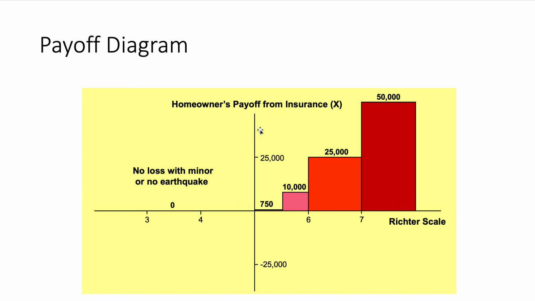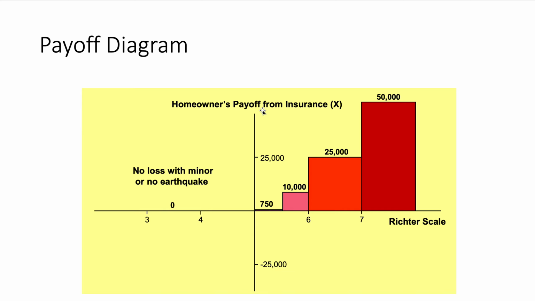It can be 0, it can be 750, and those numbers, 10,000, 25,000, 50K, are what people usually put on the vertical scale to represent what you will get.